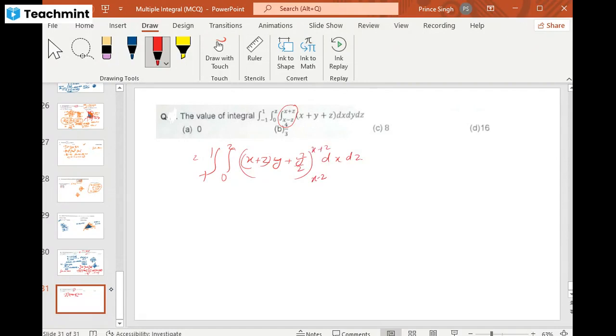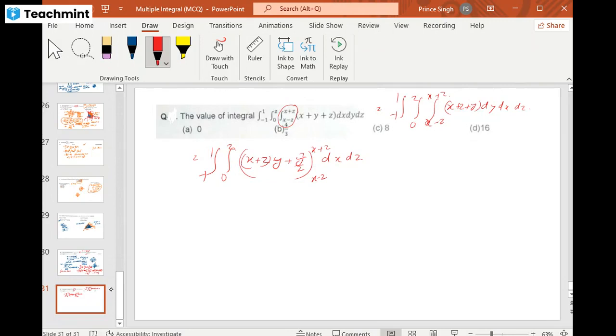So basically what I have done, I separate it as minus 1 to 1, 0 to z, 0 to x, x minus z to x plus z, this is x plus z plus y dy, dx and dz.